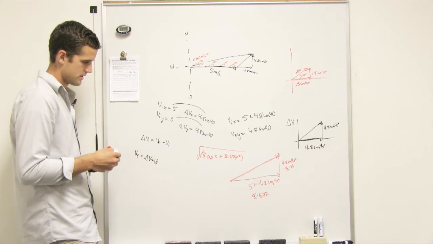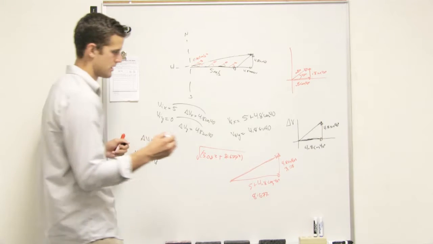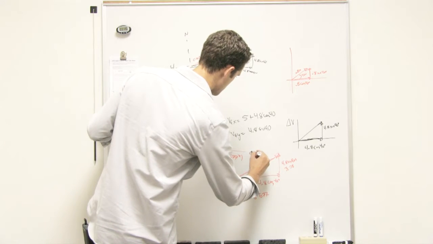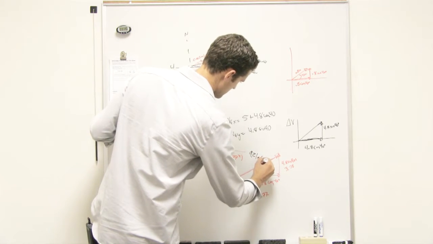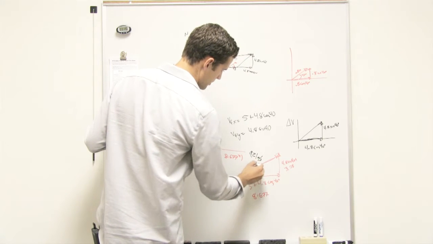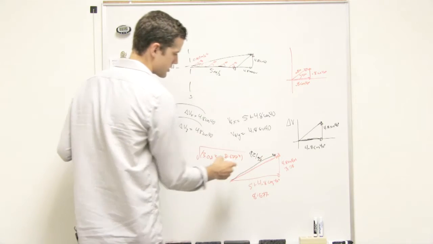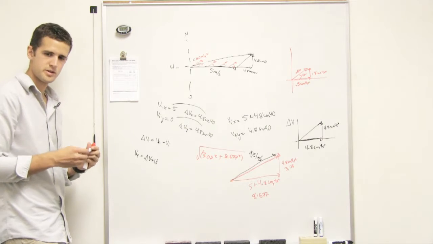Okay, that makes more sense. So this is 9.21. So that's your speed, that's the total length of this vector. Your speed would be 9.21 meters per second.